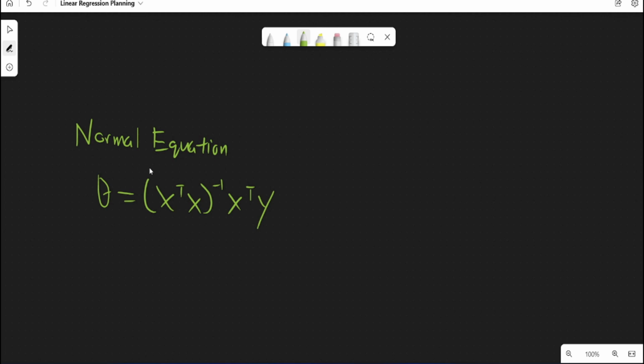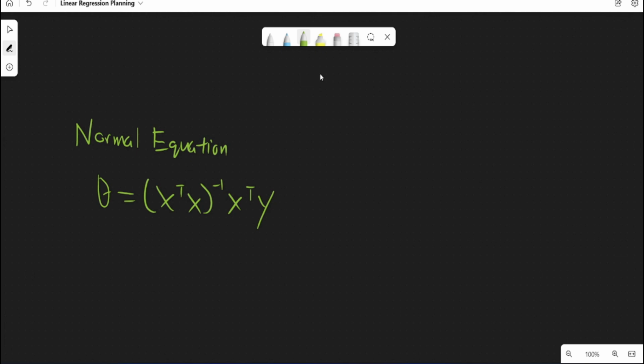Some interview questions might ask you on this, but generally they will ask you on gradient descent. And the normal equation only works for linear regression, by the way. You probably won't see it anywhere else for machine learning. X here is just the independent variables, and y is the dependent variable, or the value we're trying to predict. X could be, you know, house size, number of swimming pools, etc.